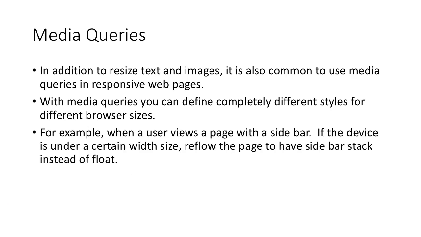So, for example, if you have a user viewing a page with a sidebar and the device is under a certain width, right? If you have a sidebar that's taking, I don't know, 50 pixels, and the width on your device at the time is, say, 100 pixels, your sidebar is taking up 50% of the real estate, just on that left side.